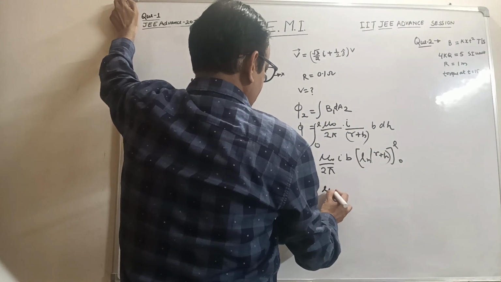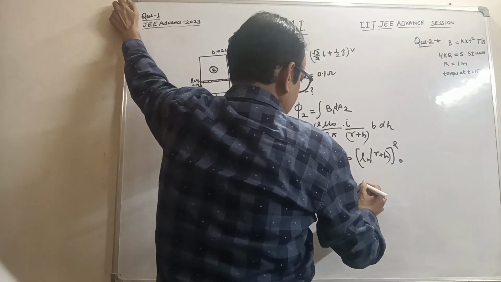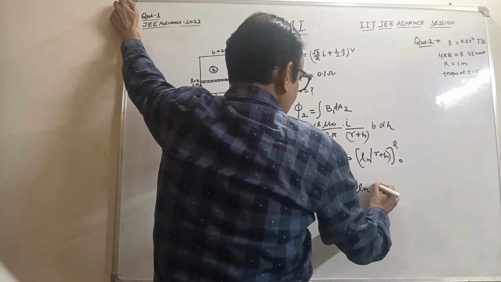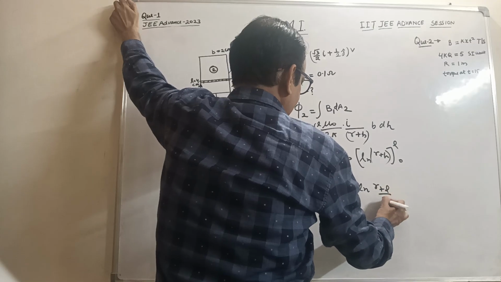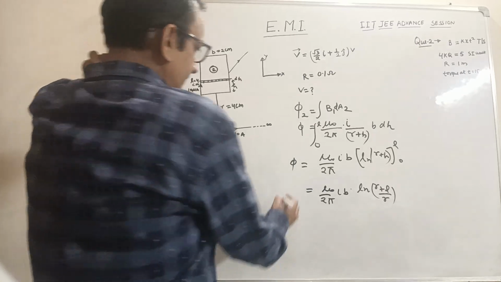So the flux is mu naught upon 2 pi I B natural log of R plus L upon R.